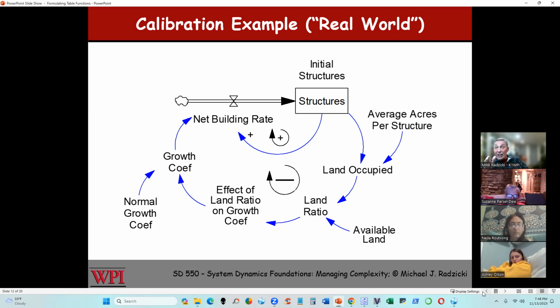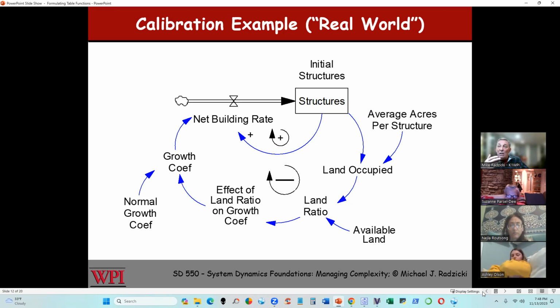So the land occupied in terms of acres is the number of structures times the average acres per structure. Available land is in acres. So the land ratio is now acres occupied over total available acres.